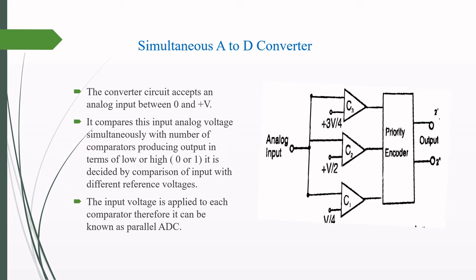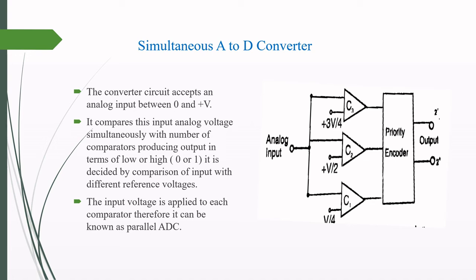See the diagram. It shows three comparators C1, C2 and C3 with reference voltage of V by 4, V by 2 and 3 V by 4 respectively. An analog input voltage is common or simultaneously connected in order to compare it with each respective reference voltage.